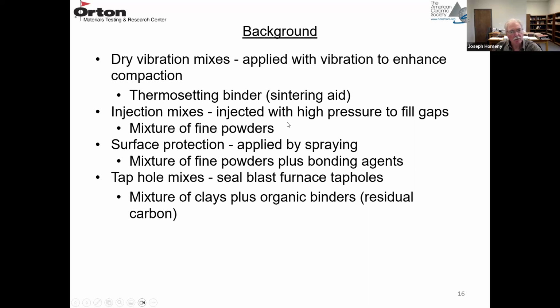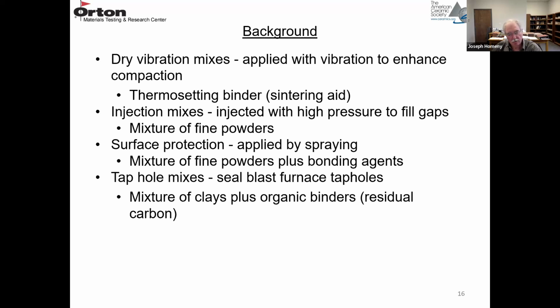The injection mixes are just a mix that's injected into a void or a gap at high pressure, and those are just fine powders. If you have a surface protection material, again, it's applied by a spraying technique.